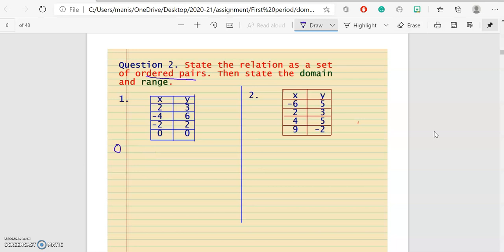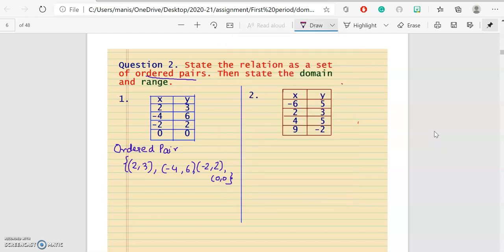So I'm writing over here ordered pair. So ordered pair is 2, 3, -4, 6, -2, 2, and the last one is what? 0, 0. This is my ordered pair.